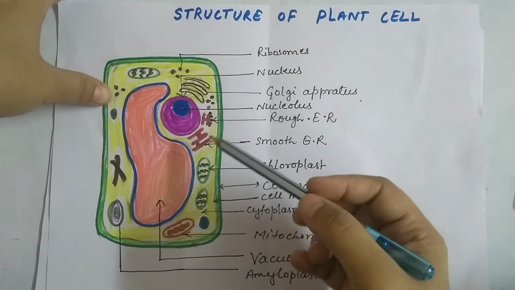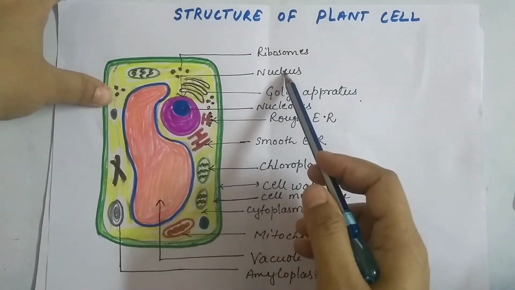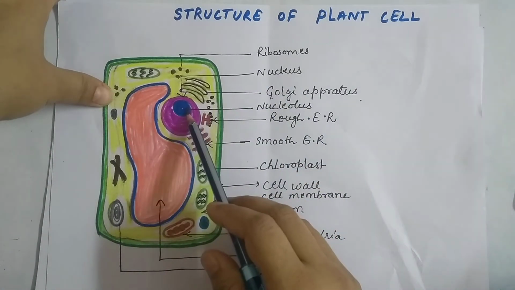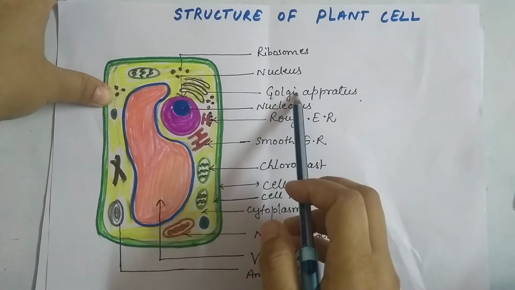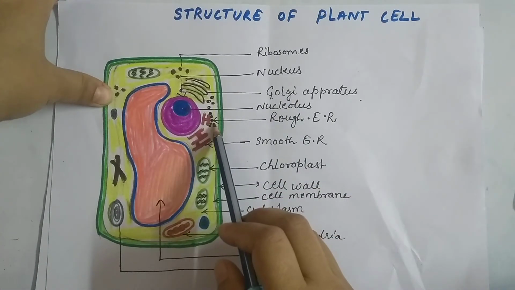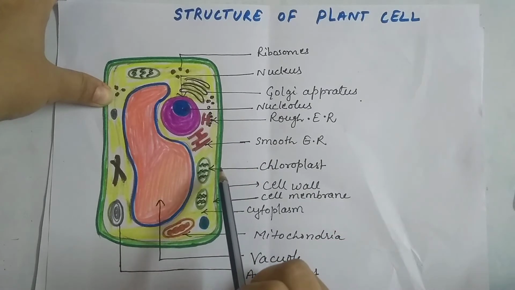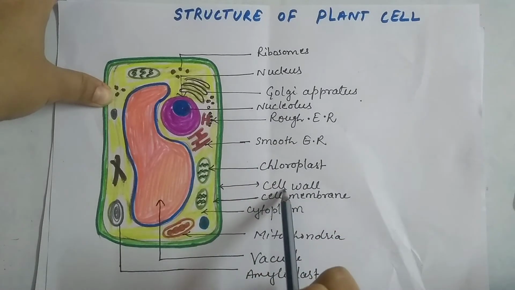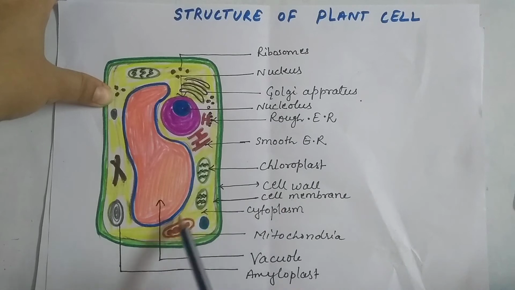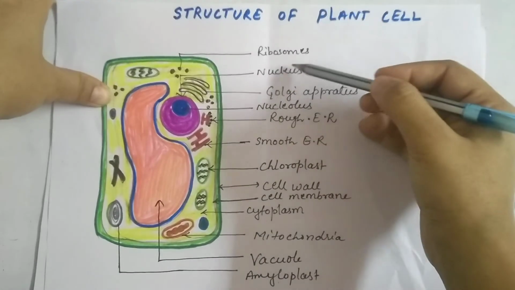We already know that the plant cell contains the nucleus, Golgi apparatus, rough endoplasmic reticulum, smooth endoplasmic reticulum, chloroplast, cell wall, cell membrane, and this yellow color shown is the cytoplasm. This is the mitochondria, vacuoles, amyloplast, that is the starch grain, and the ribosomes.